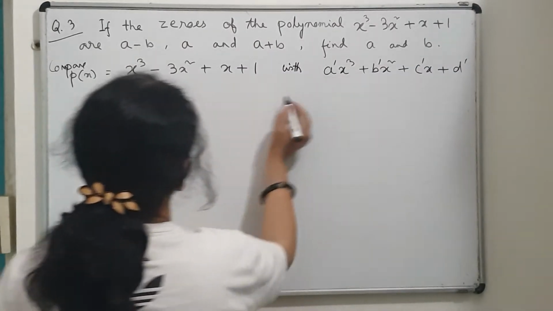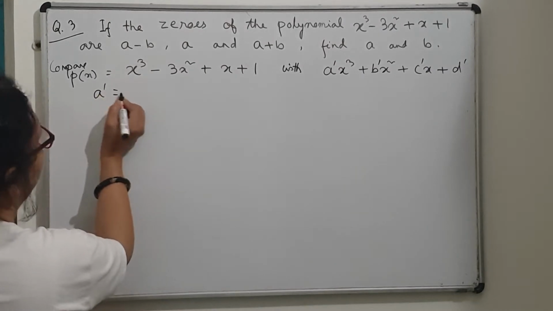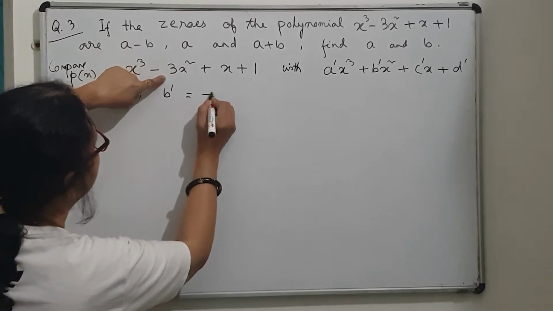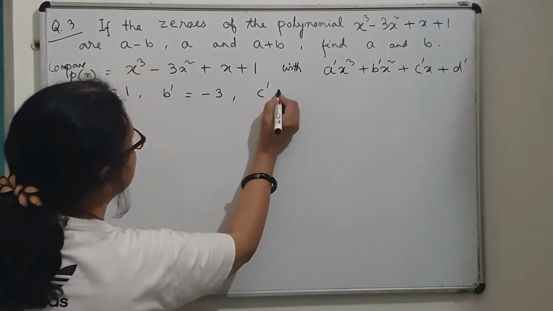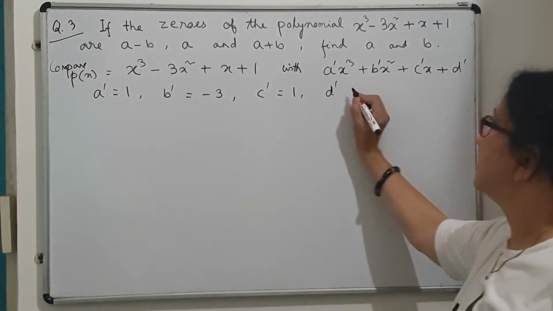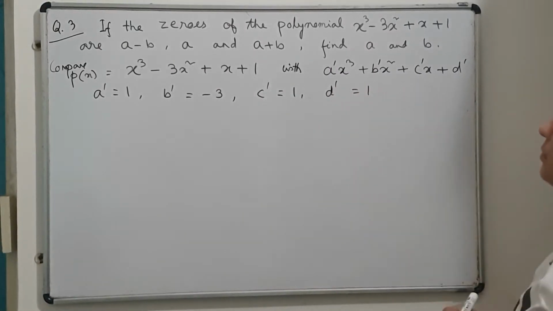So what will be the value of a dashed? A dashed is the coefficient of x cube, 1; b dashed, coefficient of x square, minus 3; c dashed, coefficient of x, is 1; and the last constant term d dashed is also 1.